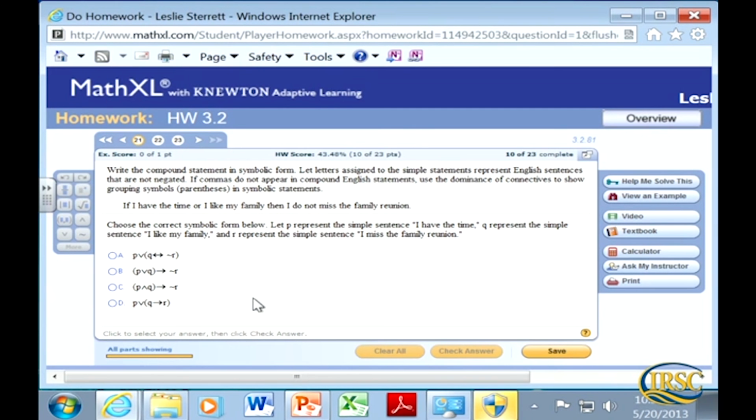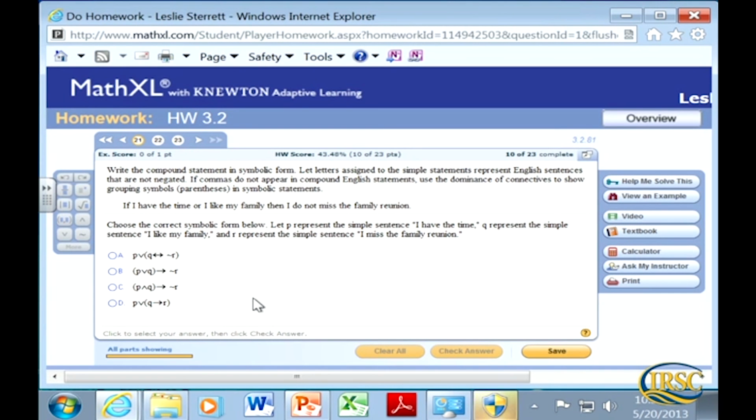Okay, so if I have the time or I like my family, then I do not miss the family reunion. The first thing you should always do when you see this is what? Okay, so find those key words. Good. So get in that habit. It'd be helpful if you wrote this down in your notes and just start practicing circling those keywords.